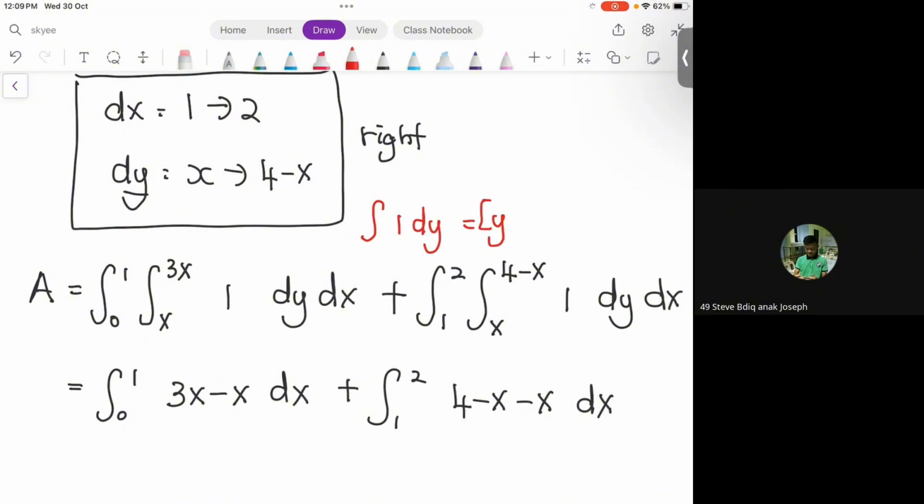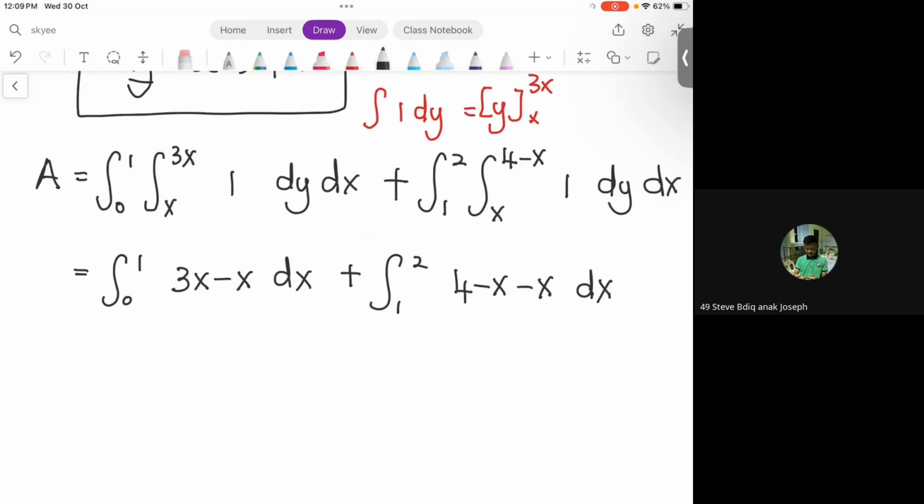So when you replace the range here, you will straight away get 3x minus x. So I skip the step. Now maybe here you want to simplify it as 2x. Here you want to simplify it as 4 minus 2x. You can press calculator now.